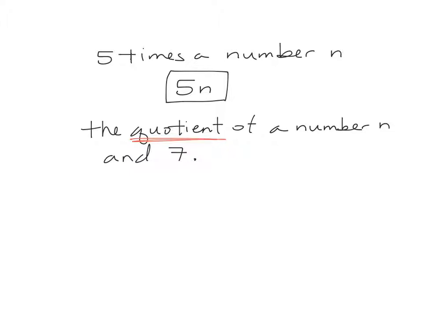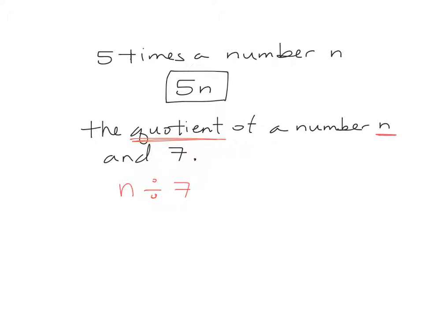And you put them in the order you see them. So is this n divided by 7 or 7 divided by n? Which one came first in our sentence? The n, right? So unless it's more than or less than, don't flip them. You leave them in the same order. So quotient of a number n, so n's going to come first, and 7, so it's n divided by 7.